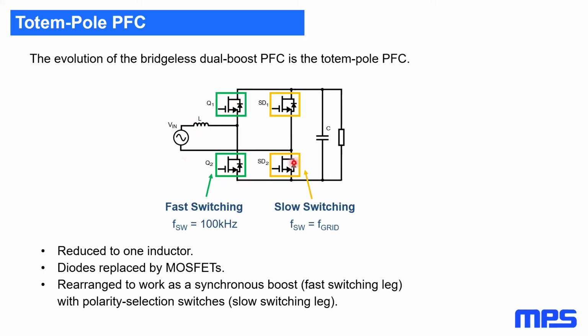And then we use MOSFETs instead of diodes to select the polarity. So when the polarity is positive alternance of the sinusoid, then one of these MOSFETs will be conducting, the other one will be blocked, and vice versa. So we have a fast switching pair of MOSFETs for the boosting effect, and then a slow switching pair of MOSFETs just for the selection of the polarity, so really the rectification.